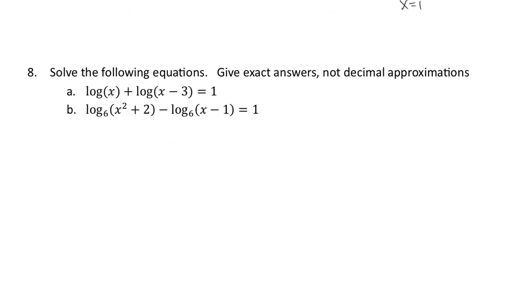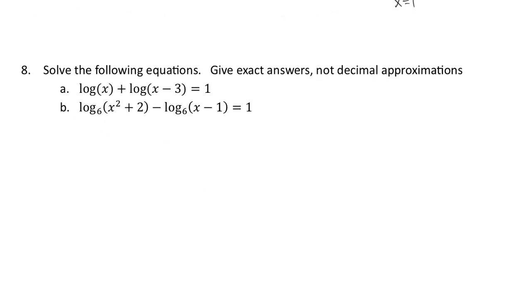Okay, question 8. We have two logarithm functions, or equations rather, to solve. So for part A, we have to use the product rule. We have to combine two logarithms into one logarithm using the product rule because there's a plus sign between them.